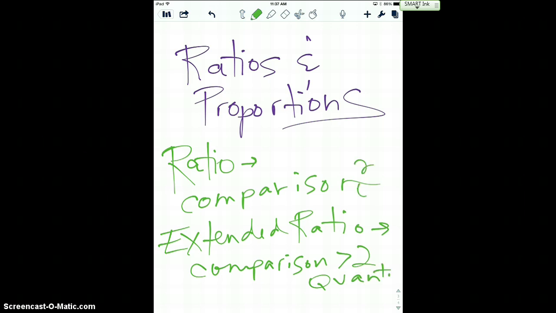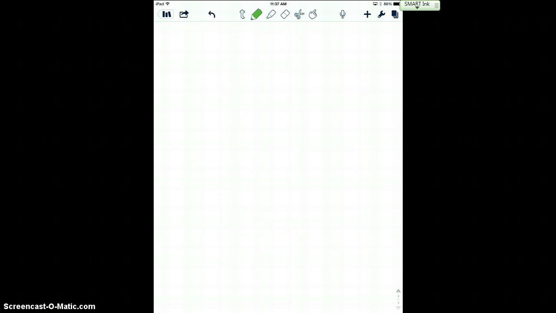This one's two quantities. An extended ratio is going to be more than two. If I go onward, some other things that are talked about in this section that you need to know before we actually start on the problems would be, we've said ratio, we've said extended ratio. Now I can go into what's called a proportion.